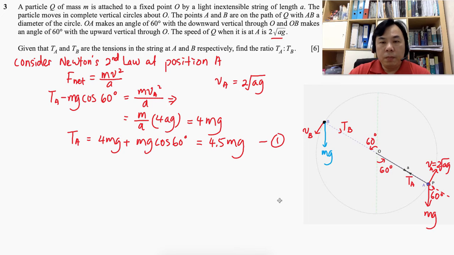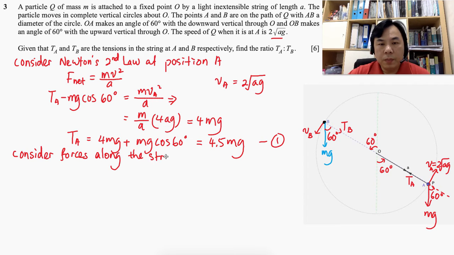Now next, we are going to obtain the tension for the string at position B, just like what we did just now. Now don't forget this angle also is 60 degrees. Same thing, so here we're going to consider forces along the string at position B now.